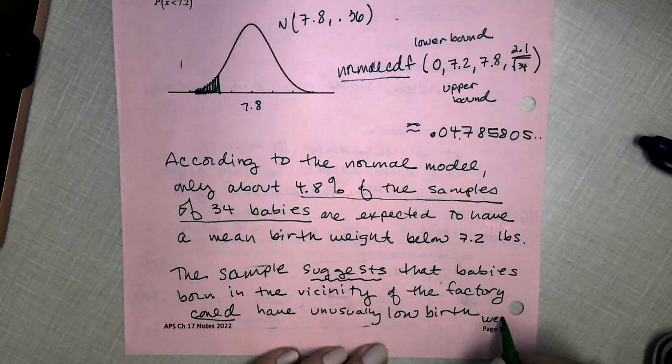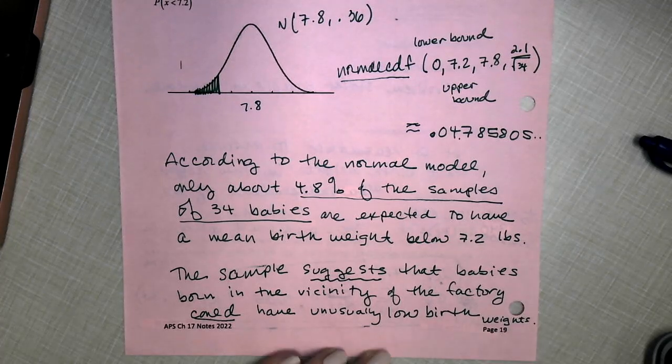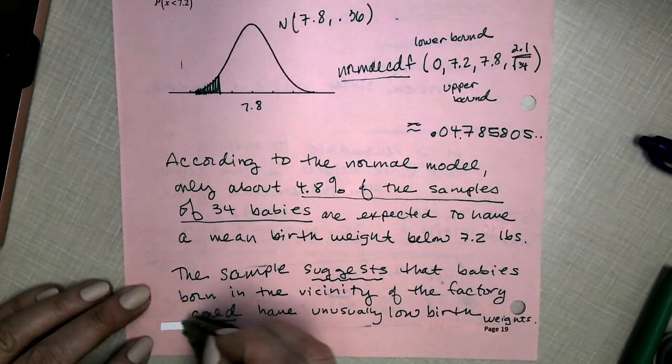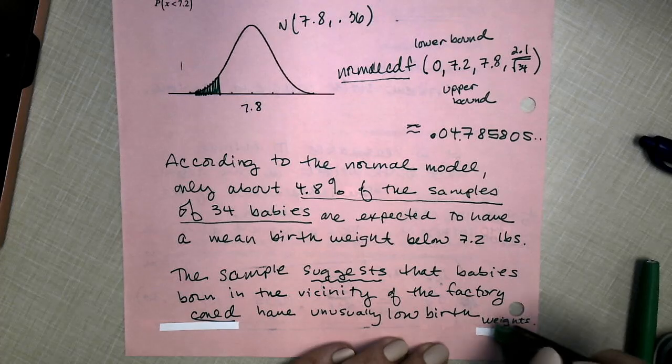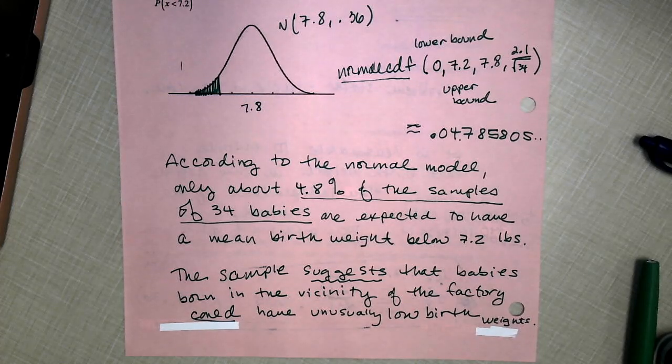I've got to start writing smaller so this all fits. There we go. Sometimes I just like to white out page numbers and things like that. They start to get in there.